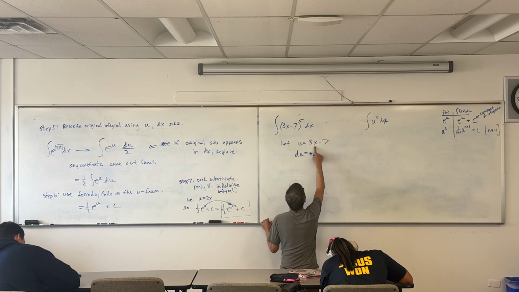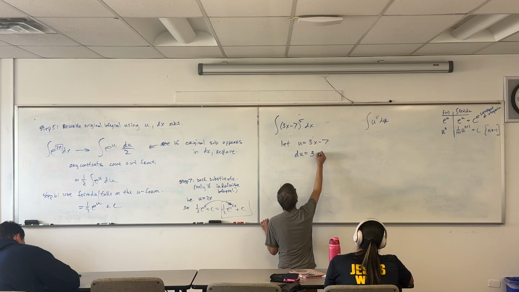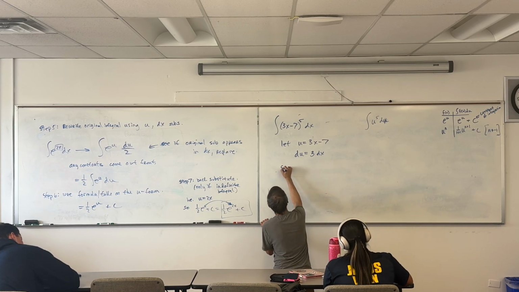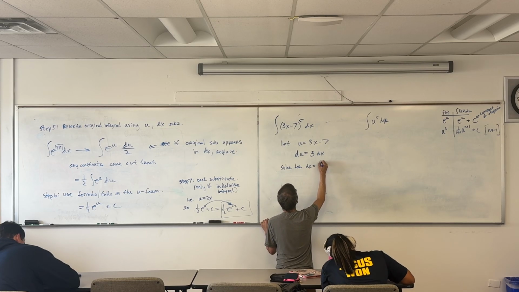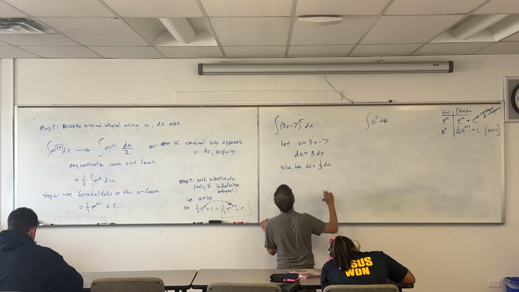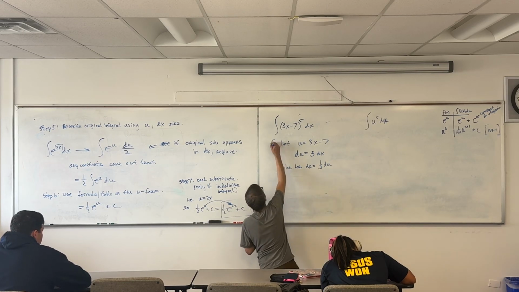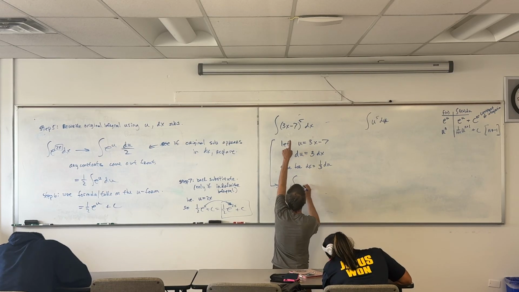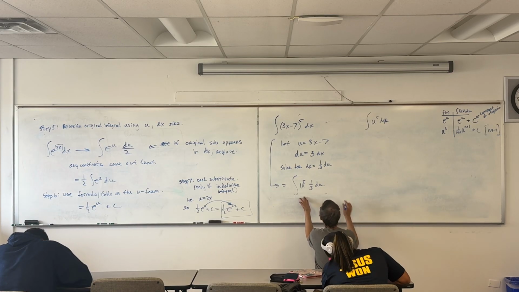What's the derivative of that right side? 3. And I tack on a dx. Solve for dx, and you get 1/3 du. Now rewrite your integral. It becomes the integral of u to the 5th, the dx becomes 1/3 du, and now I bring the constant out in front.